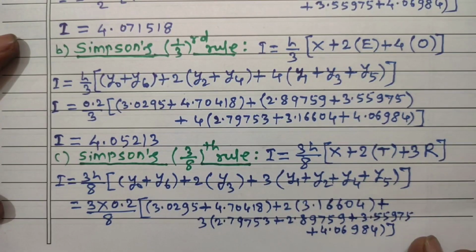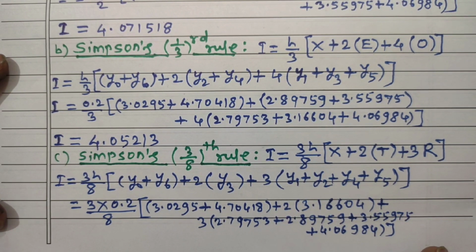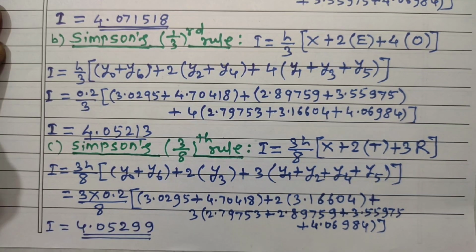And now using the calculator we can calculate the right hand side. Hence finally the value of integral I applying Simpson's 3 upon 8th rule is I is equal to 4.05299. Okay, this is the final answer.